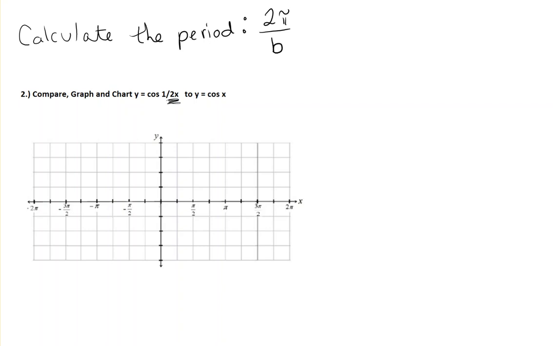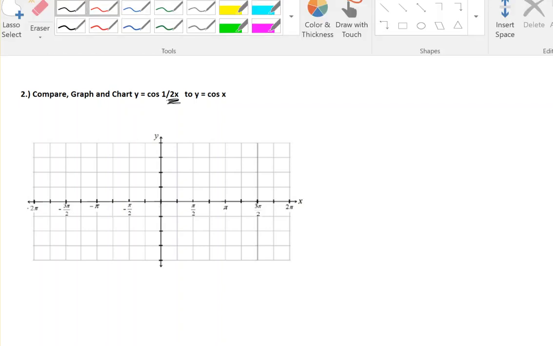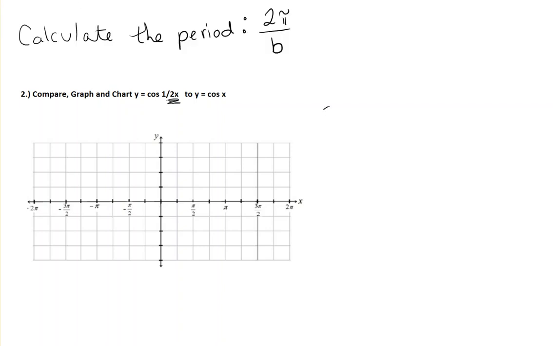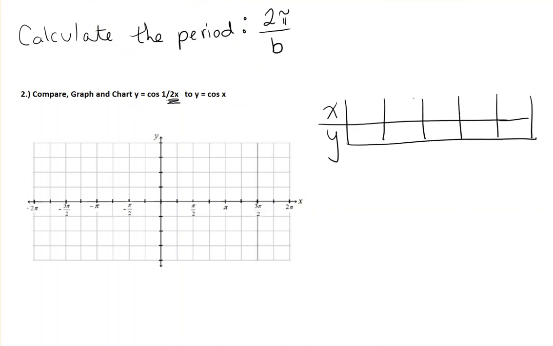Now, what we're going to do in this video is talk about how you would actually graph this. We're going to look at it 2 different ways, with a T-chart and just by graphs. A normal cosine graph, if you remember, doesn't start at 0 like sine does, but starts at 1.